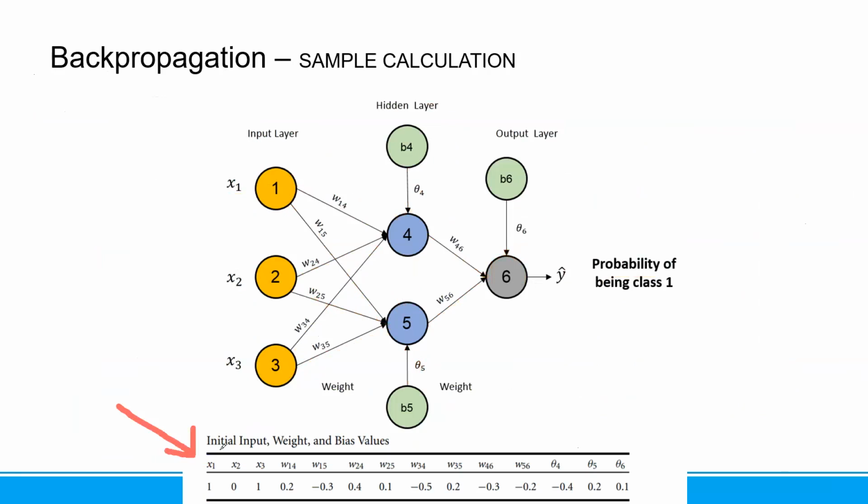The parameter numbers you can see from here. We have the initial input, which is 1, 0, 1 for x1, x2, x3. And then the weight 1,4 is 0.2, weight 1,5 is minus 0.3, weight 2,4 is 0.4, and so on. Those numbers we can generate randomly.